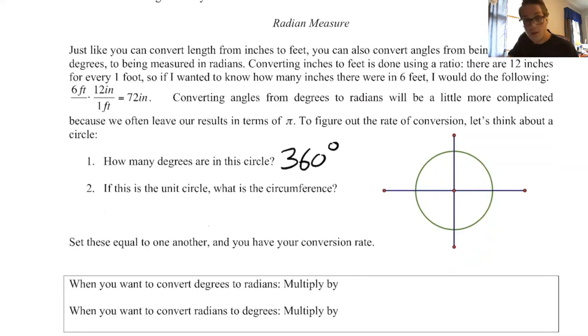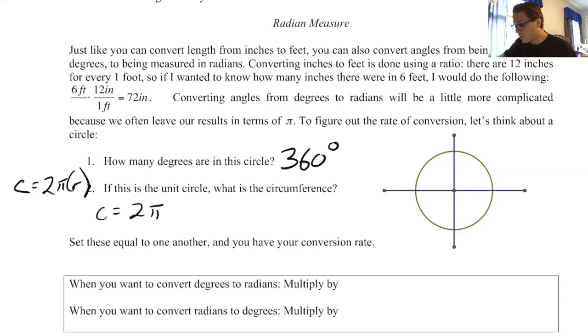Well, we know from geometry and from middle school even that the circumference of a circle is 2 pi times the radius here. But if this is the unit circle, the radius is just equal to 1, which means that the circumference is equal to 2 pi here. And this is where that little picture I was mentioning of wrapping the radius around the circle might make sense, because in a unit circle, there are 2 pi radians, we say.